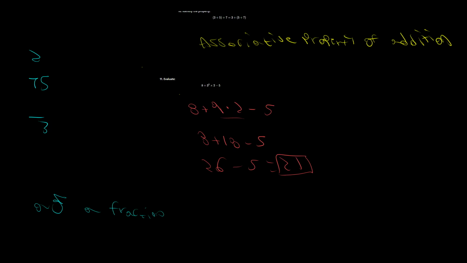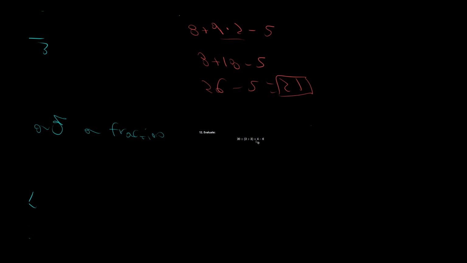Okay, now we have number 12, evaluate. We have 20 divided by (2 plus 3). We do parentheses first, then PEMDAS. So we get 20 divided by 5 times 4 minus 6.